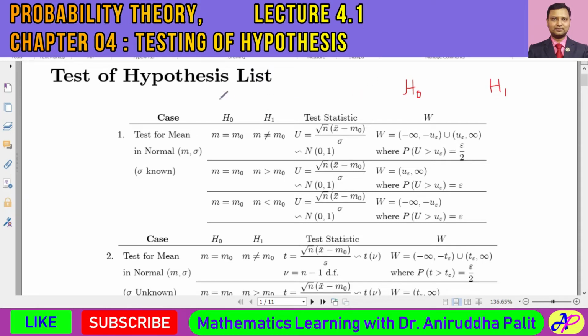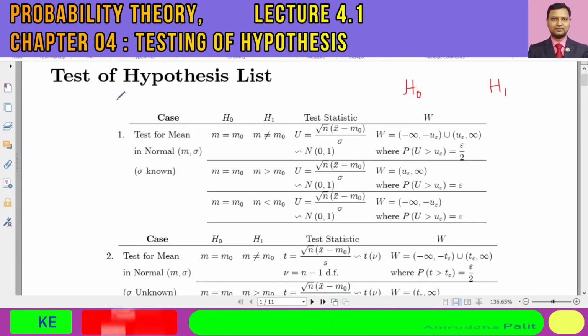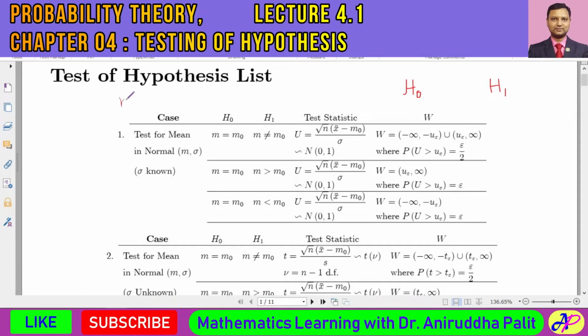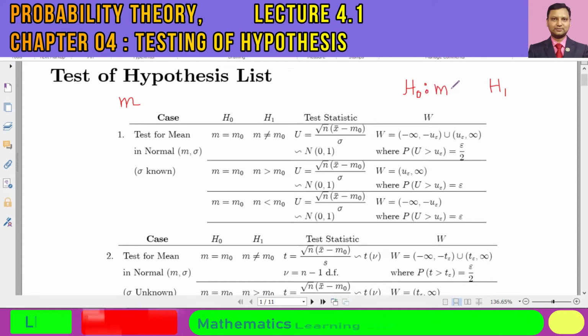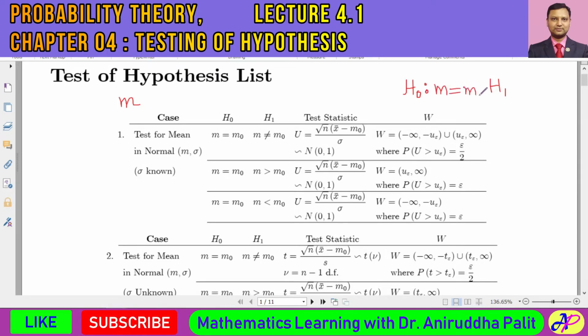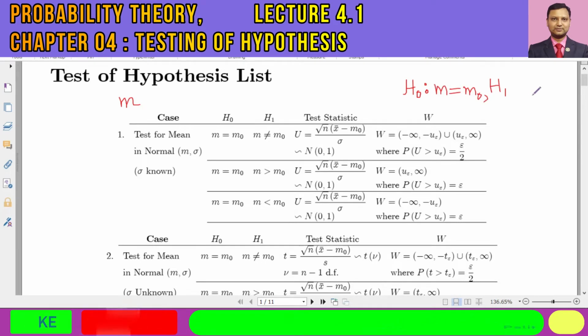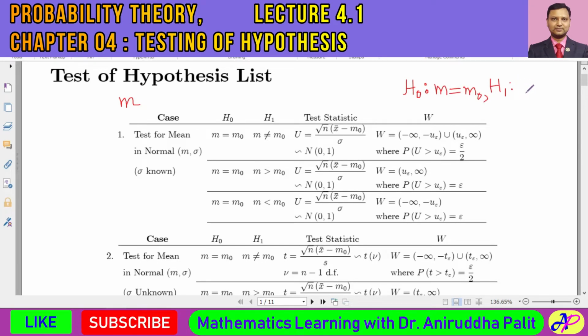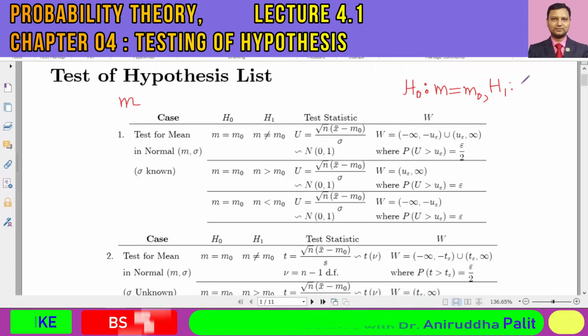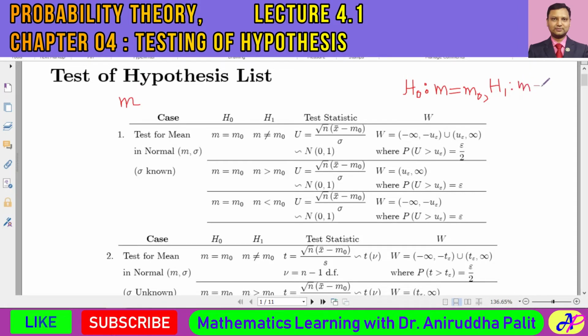Over here, in the normal m sigma distribution, first of all, we are going to test some hypothesis involving the population mean small m. So let us consider this type of null hypothesis, m is equal to m0, against the alternative hypothesis. There may be different types of alternative hypothesis. First of all, we consider this type of hypothesis, that m not equal to m0.